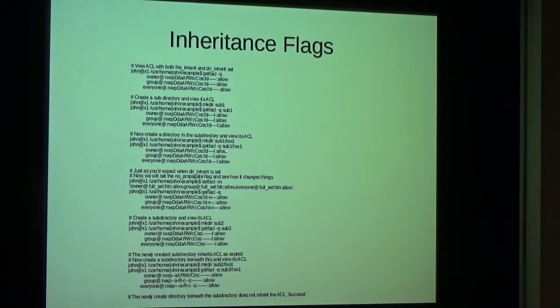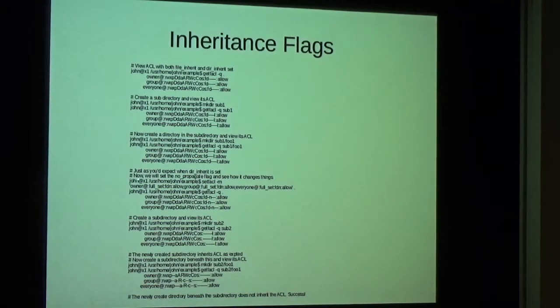And then under the sub1 directory that I just created, I make another subdirectory, and then I read the ACLs, and that gets, wait a second, okay. That's the default behavior, it'll inherit here.